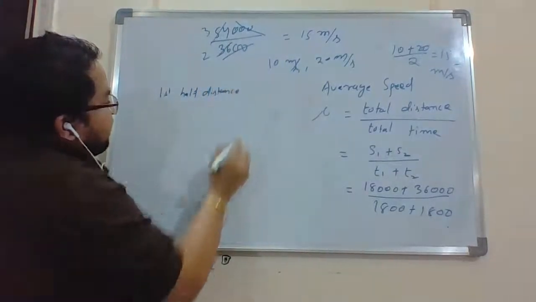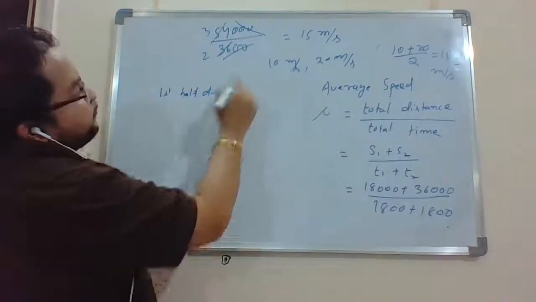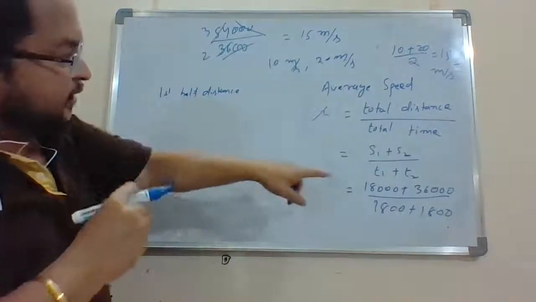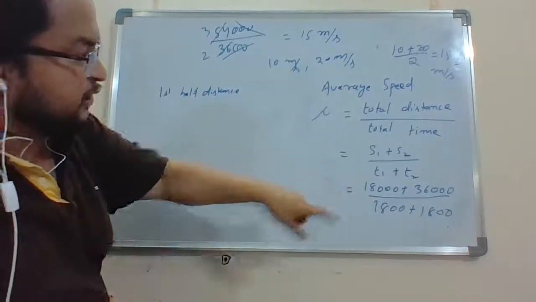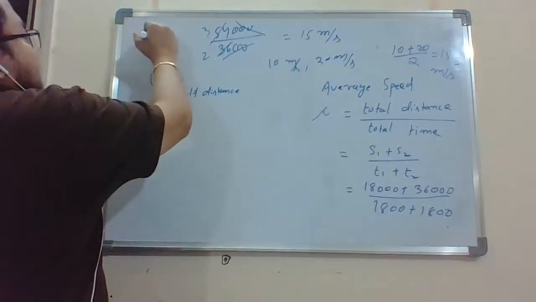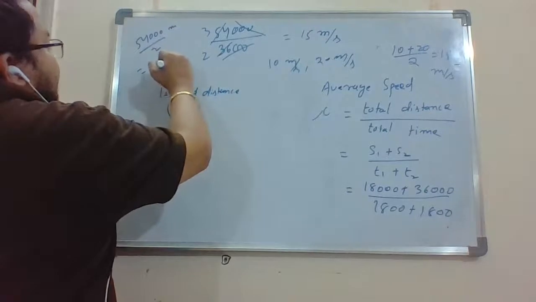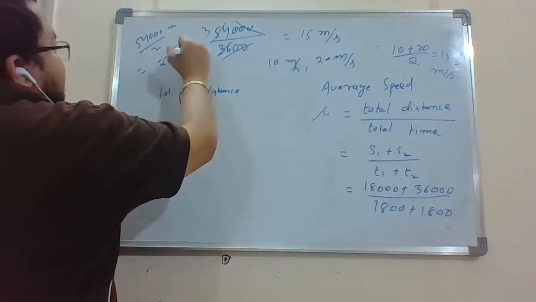So what was the total distance it has covered in the previous case? It was 36,000 plus 18,000, it was 54,000, right? So 54,000 meters. So let us divide it by 2. So we get 27,000 meters.